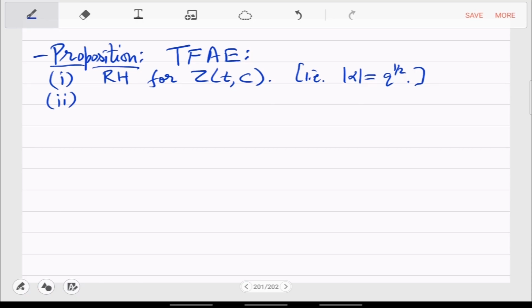Second statement will be for the counting estimate instead of the root of L function, the counting.